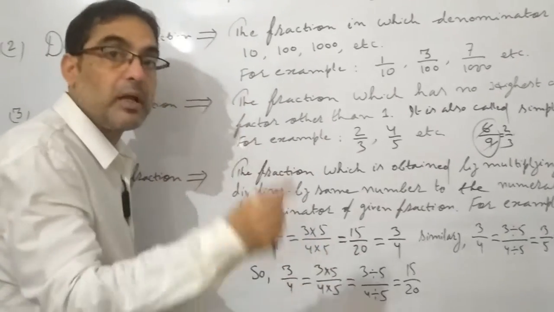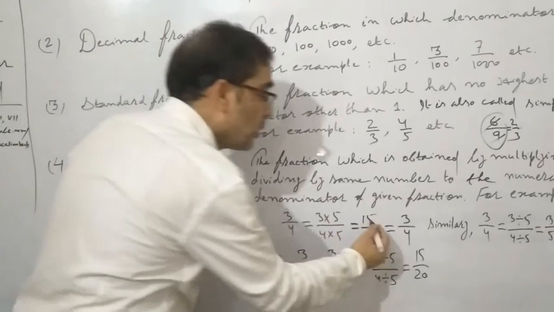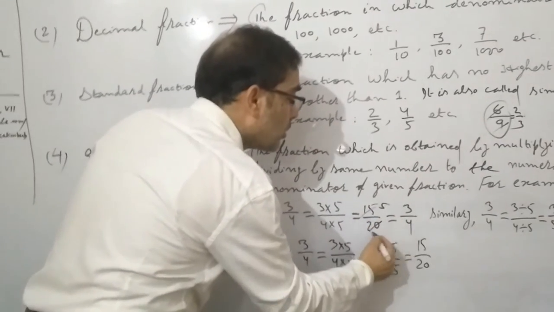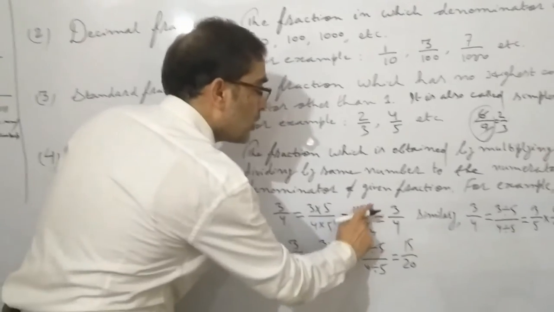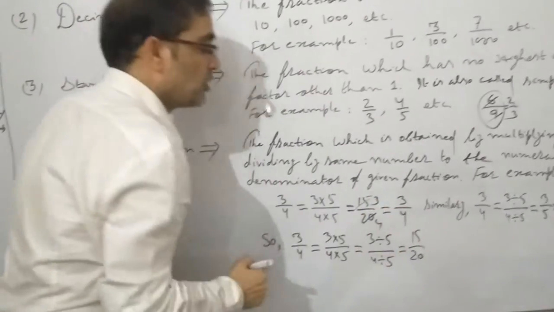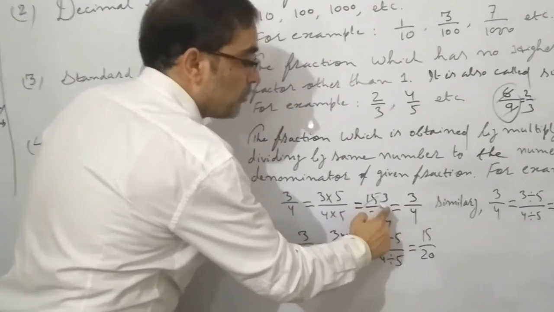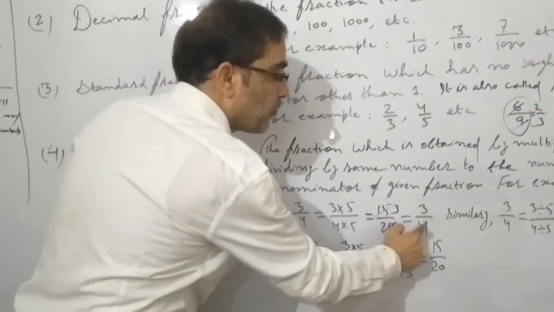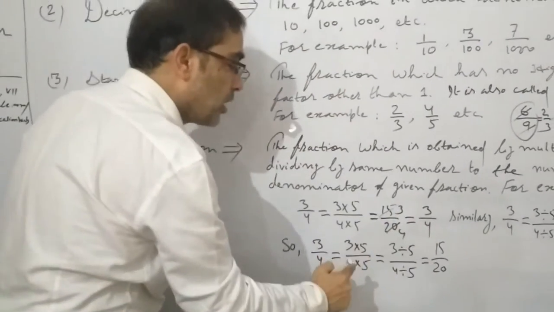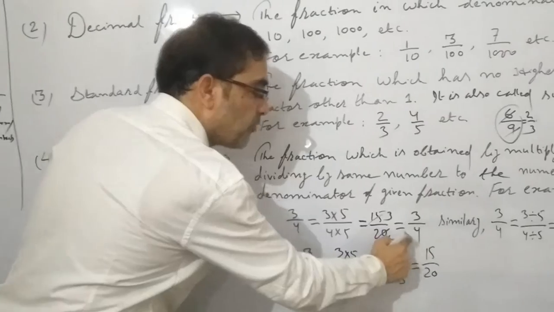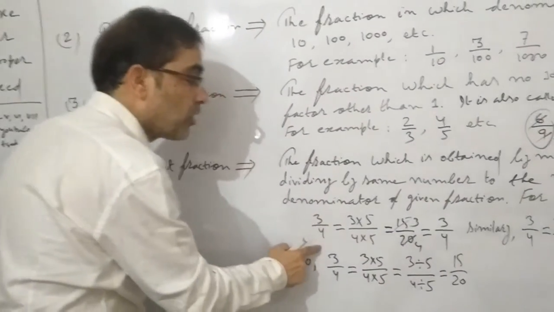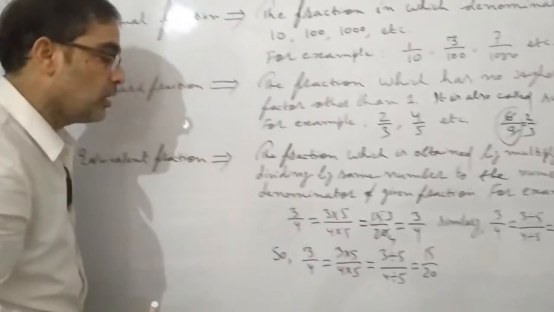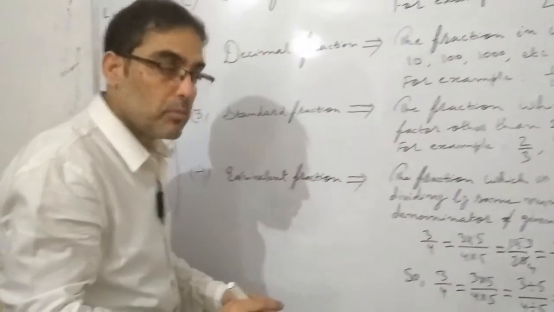15 by 20 is equal to 3 by 4, because when we divide 15 by 20 by 5, the result comes as 3 by 4. Here you are seeing again 3 by 4 has come. So we can say that 3 by 4 and 15 by 20 are the same.